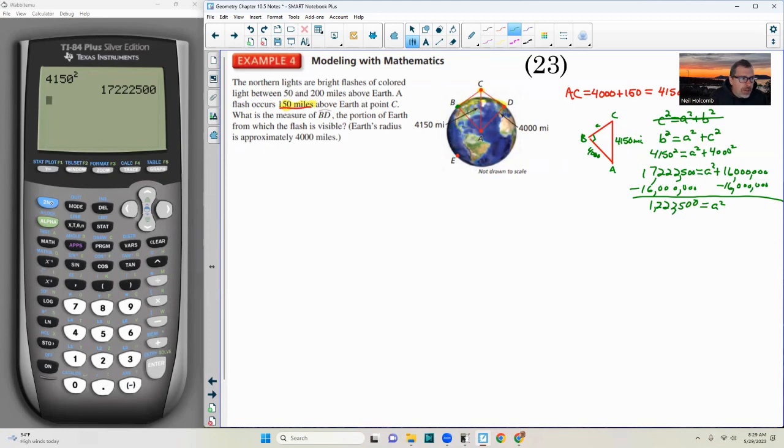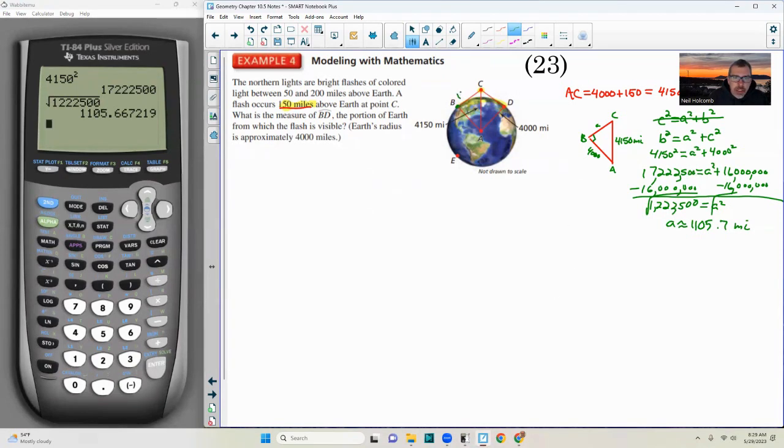So now I want the square root of 1,222,500 and hit enter, and I get approximately, so A, when I take the square root of both sides, right? A is approximately 1,105.7 miles. Okay, so that's BC.